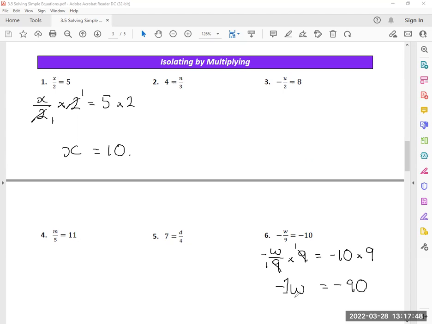What's the opposite of multiplication? So you will divide both sides by a negative 1. That's the opposite of multiplication. And so this turns into just a 1, this becomes positive 90. Positive W is equal to positive 90.